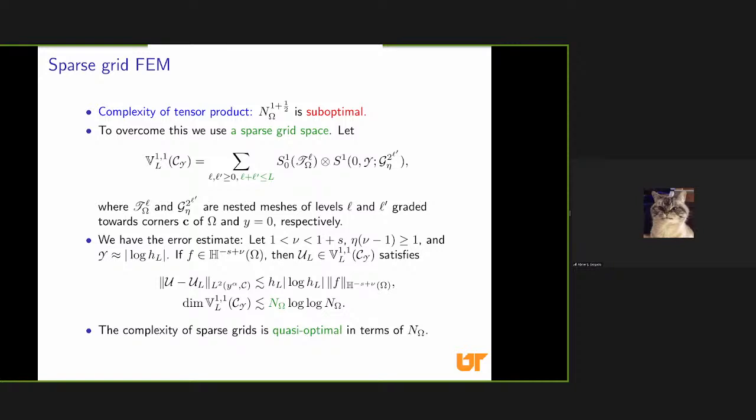You can do some other things. For instance, you can do sparse grids in the sense that you use some sort of multi-level decomposition of the domain omega in terms of the levels in the vertical directions. If you do that, you can get an error estimate that is optimal with respect to approximation and with respect to order.